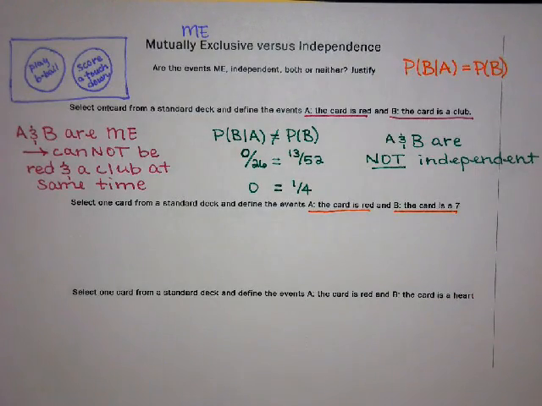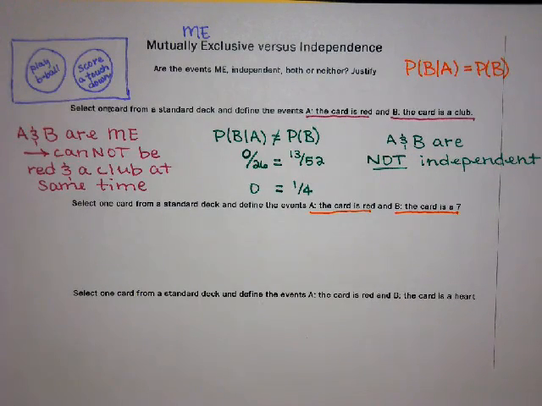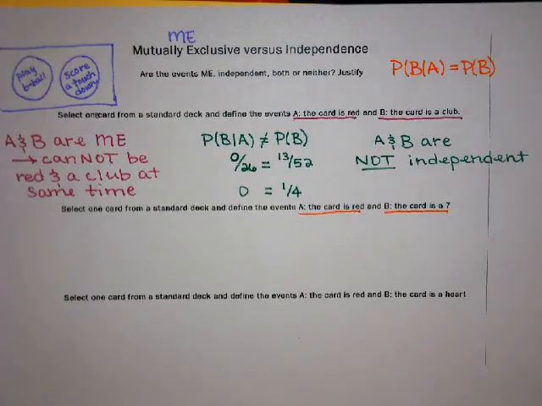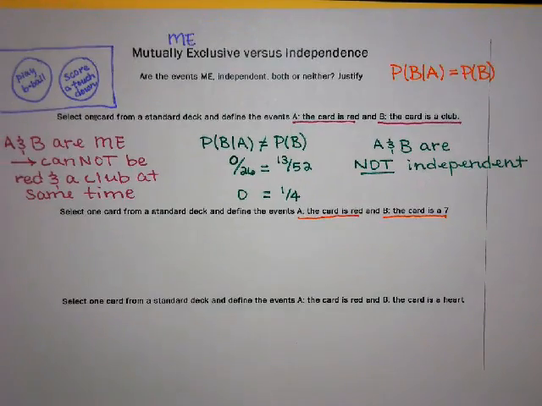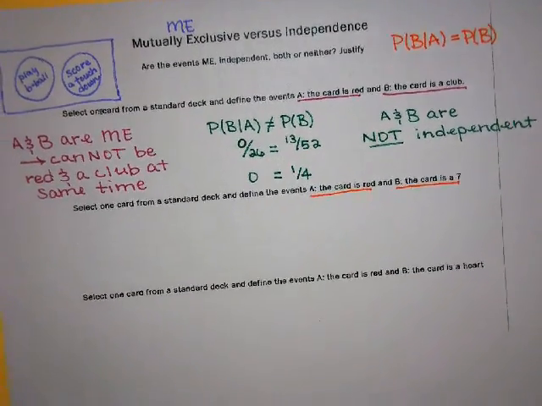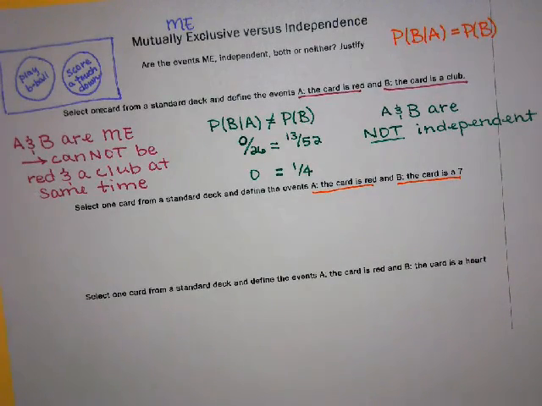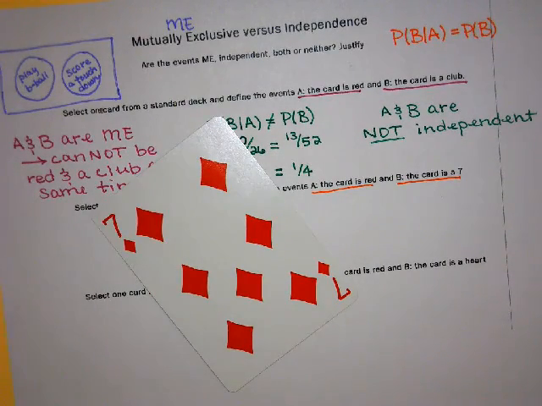Yes, I can have a red 7. Let's see if I can find one relatively quickly. I can. 7 of diamonds. I can also have a 7 of hearts. So in this case, A and B are not mutually exclusive because I have cards that are red and 7s at the same time.